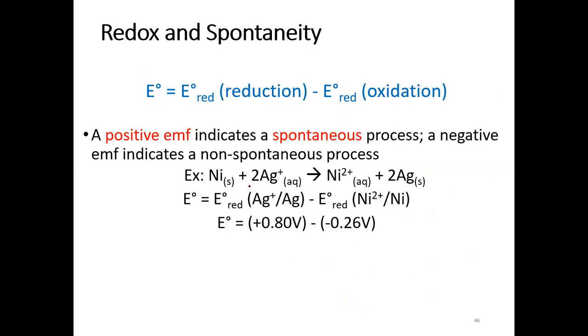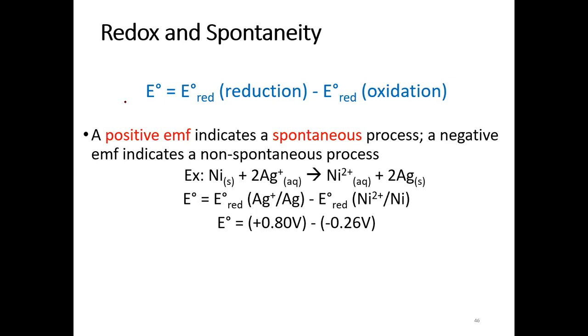So redox and spontaneity. How do we decide about the spontaneity? If you remember earlier in the statement, I said that the positive EMF means the reaction is spontaneous. Which reaction? The redox reaction is spontaneous, meaning electrons are going to go on their own. They do not need extra energy to move from one place to another, meaning one chamber to another chamber, one end to another end.